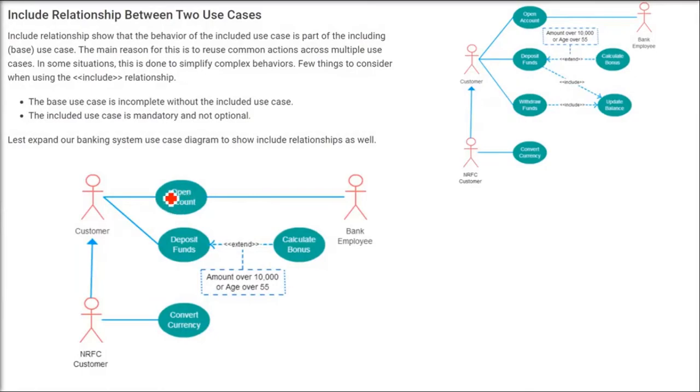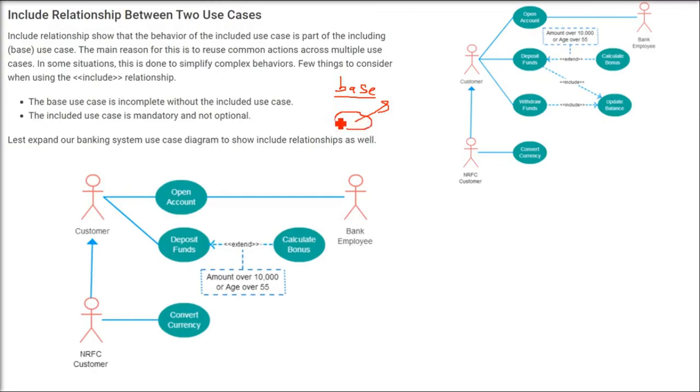Now coming to the include relationship. For the programming people, what is happening here? There is a base class, or you can say a base use case. Whenever this is called, another function will always be called, and that function is a reuse function.